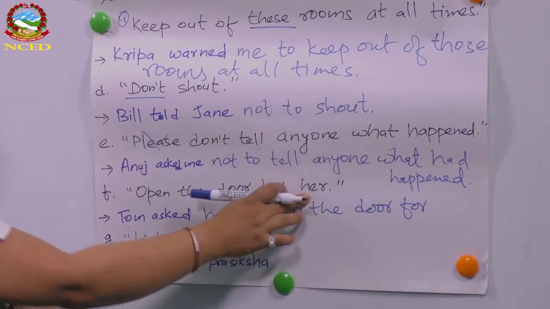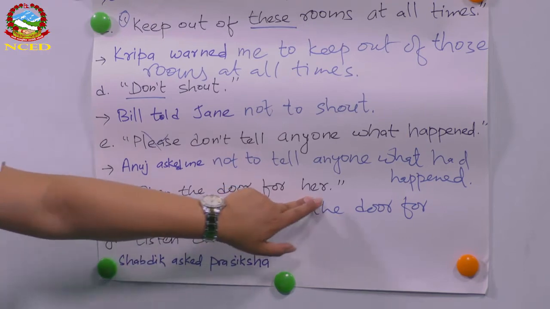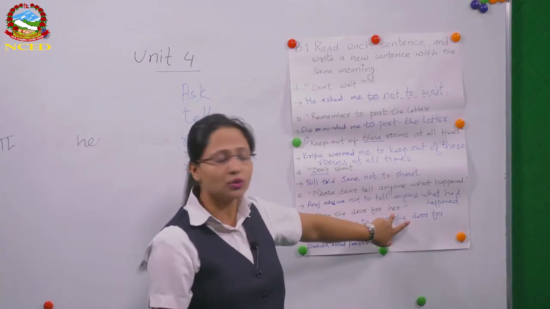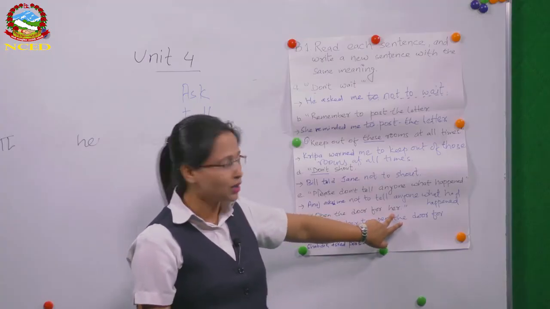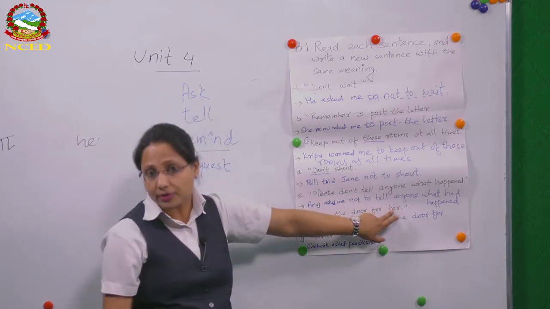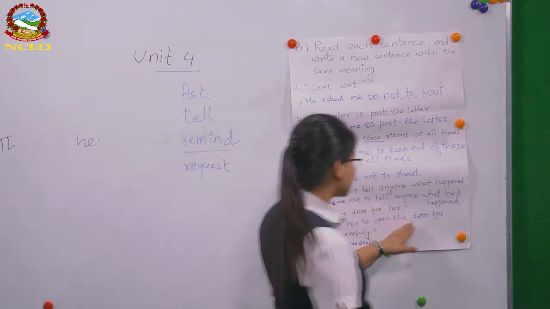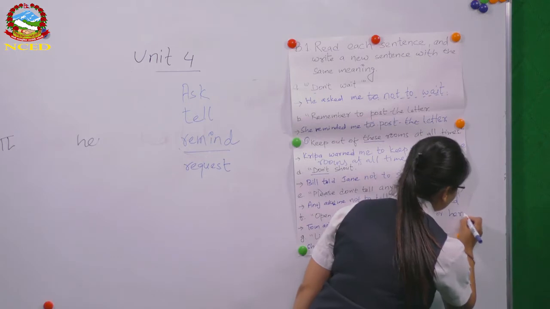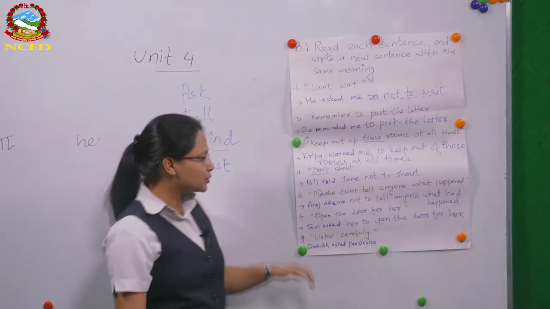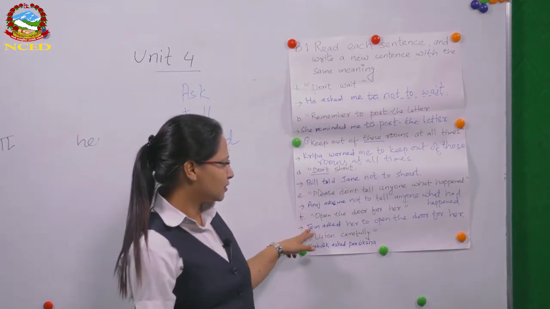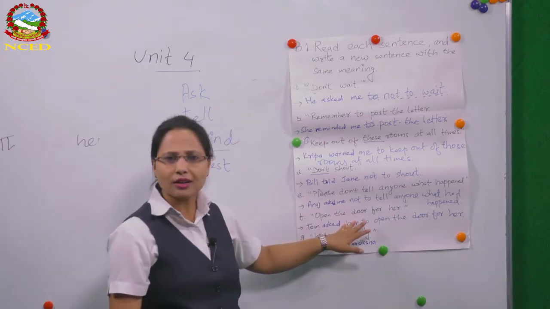Her is a pronoun here, but if you remember the rule, the third person pronouns do not get changed, right? So because her is a third person pronoun, we don't change it, it remains the same, her.